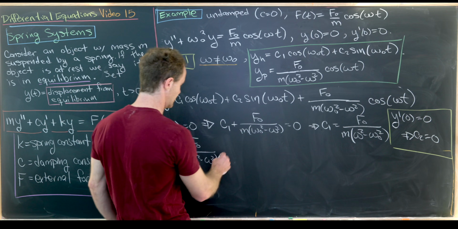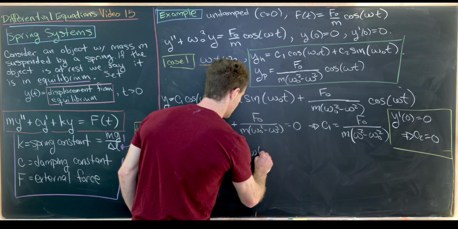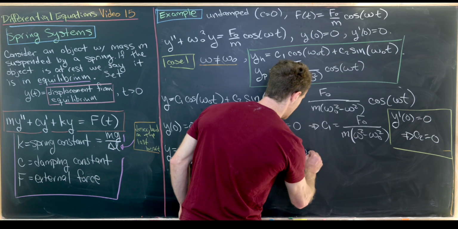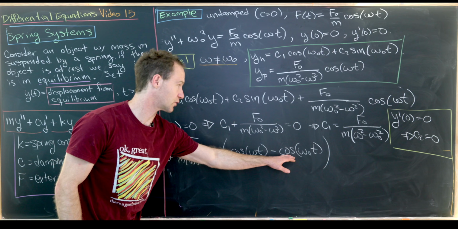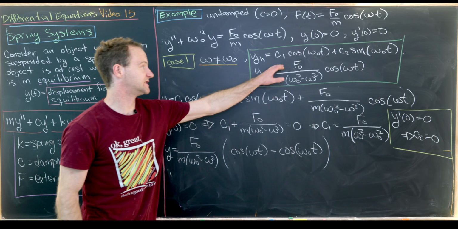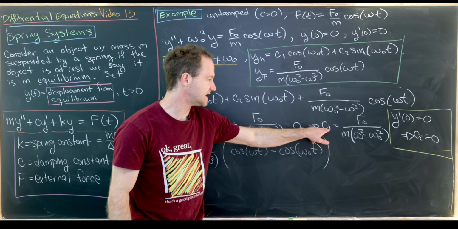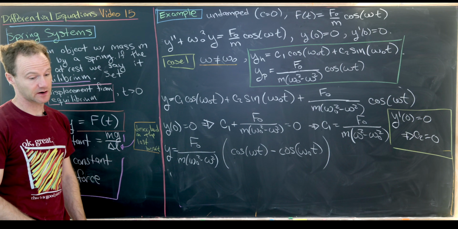And then we will have cosine of omega times t minus cosine of omega naught times t. So this comes from the homogeneous portion. This comes from the particular solution. Notice this is attached to a minus sign because c1 has a different sign from that number right there.